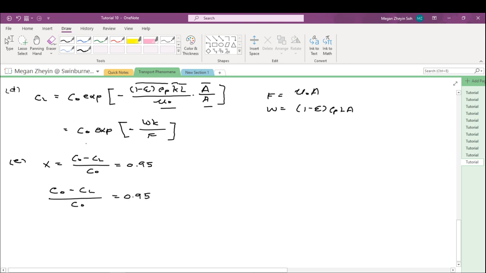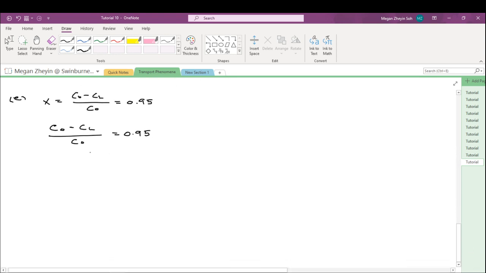CL, we will substitute with this equation, in which we get C0 minus C0 exponent of negative Wk over F, divided by C0.